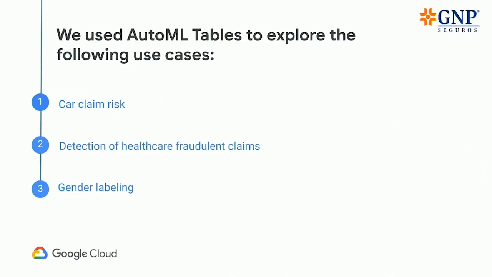So what we did is we played with the tool with 3 different use cases. One in the auto industry, in the auto insurance line of business. One in the healthcare line of business, and the third was general utility for our underwriters for collective insurances that we'll describe a little later.